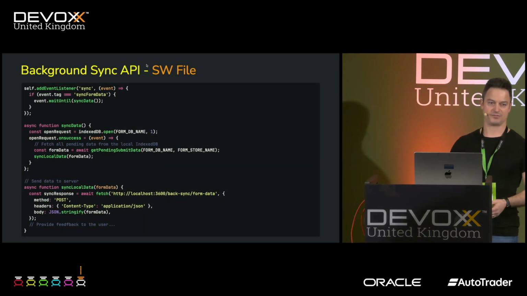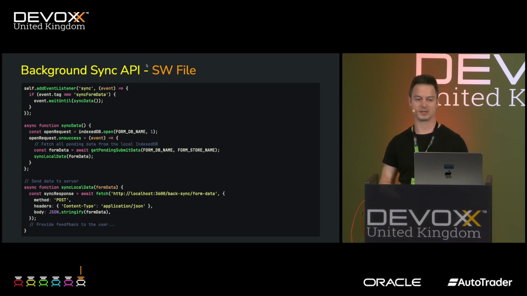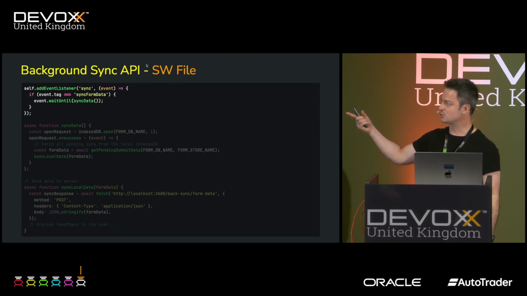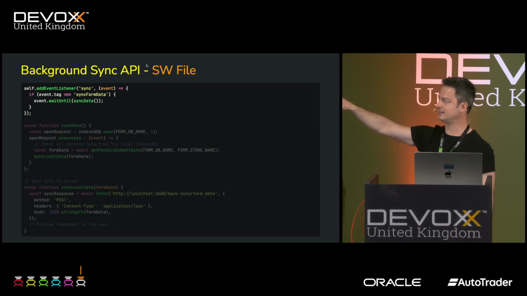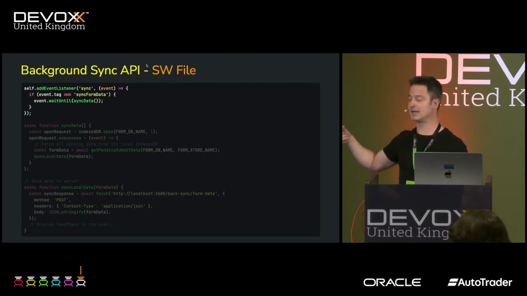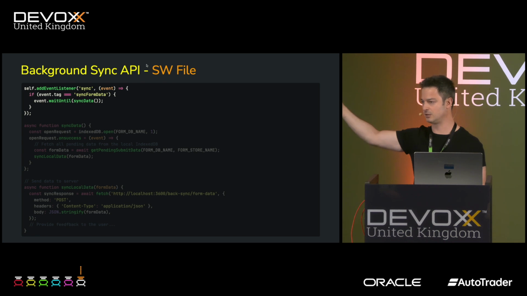On the service worker file, as we said, we listen to sync events. That's because the background sync API emits these sync events every time the user goes from offline to online. So in this case, the sync event is triggered. The service worker can check if the event tag property matches the identifier that we set before, and if so, we know that we have to execute a specific logic.